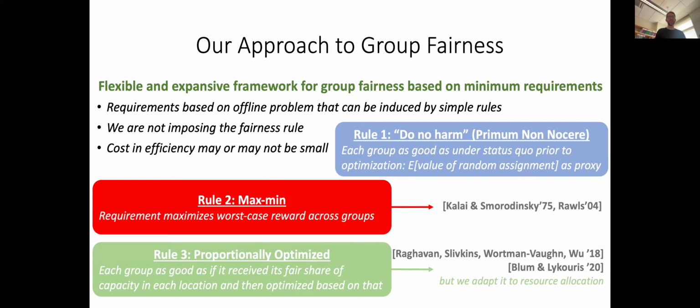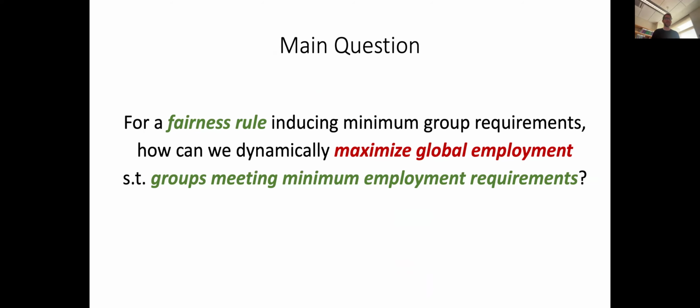But anything that is feasible, effectively, we can work with. And the question we want to ask is, for a given fairness rule that gives us the minimum group requirements, how can we dynamically maximize the global employment subject to each group meeting the minimum employment requirement that is given by the fairness rule?